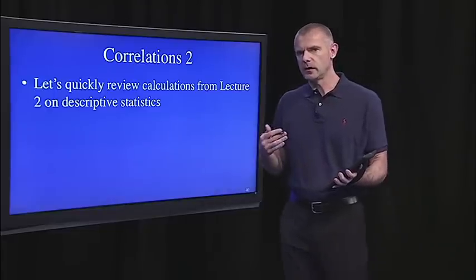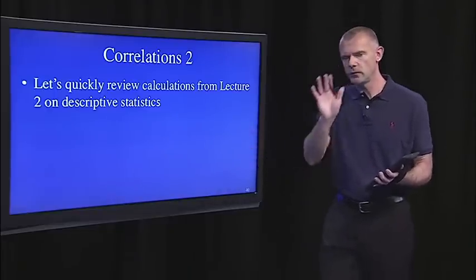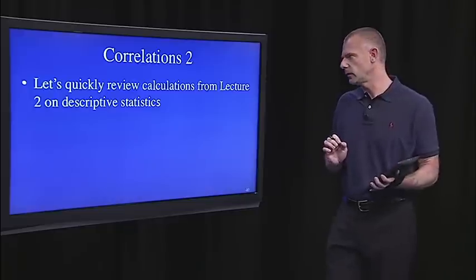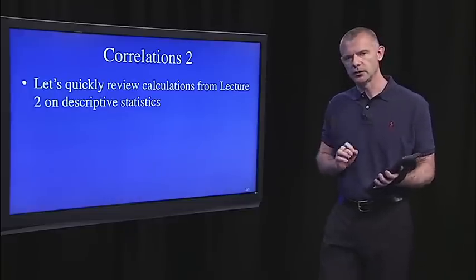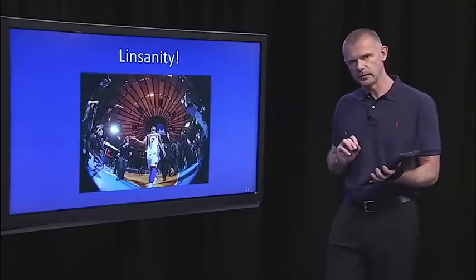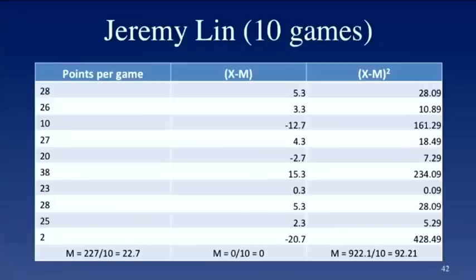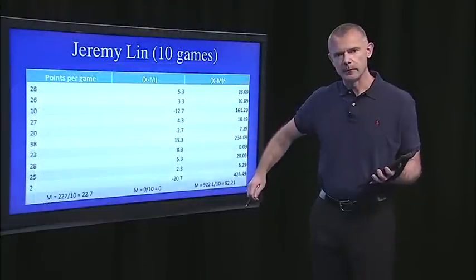As I said, this is pretty easy to pick up if you think back to our calculations in Lecture 2 on descriptive statistics. So let's revisit the Linsanity example. What we did there was we calculated some summary statistics for the basketball player Jeremy Lin over the course of 10 games.